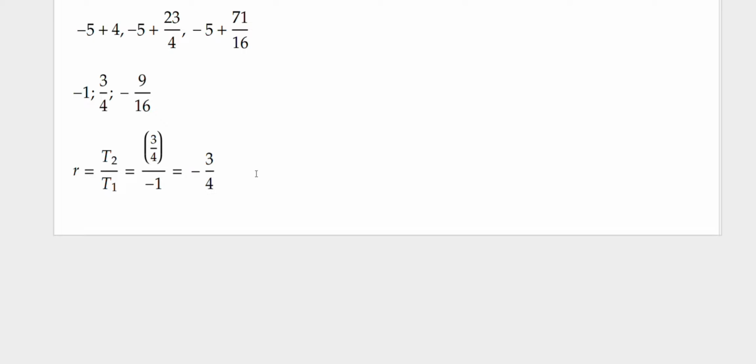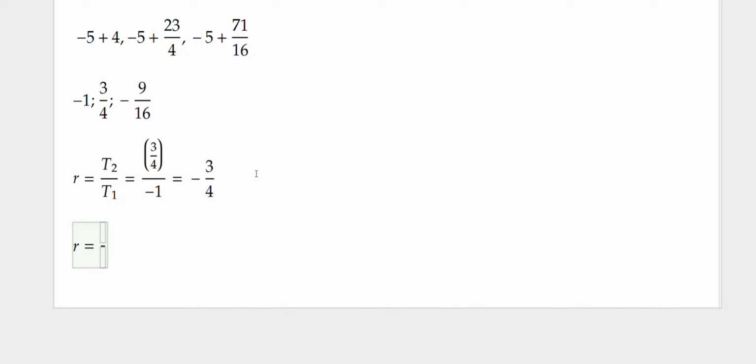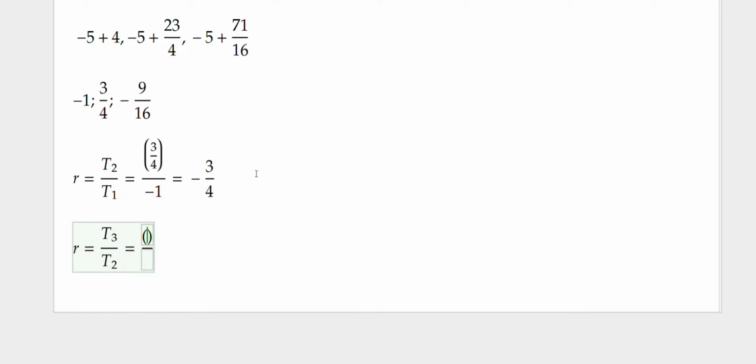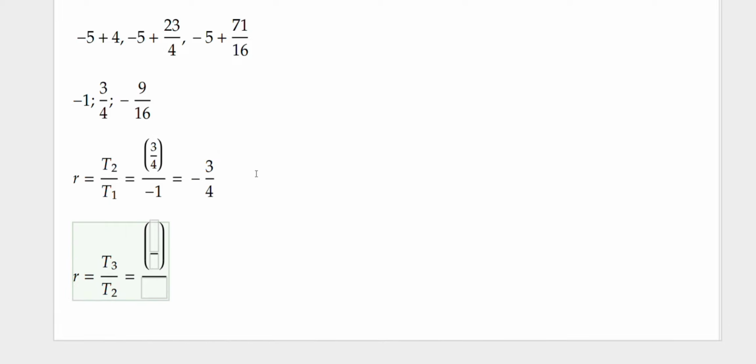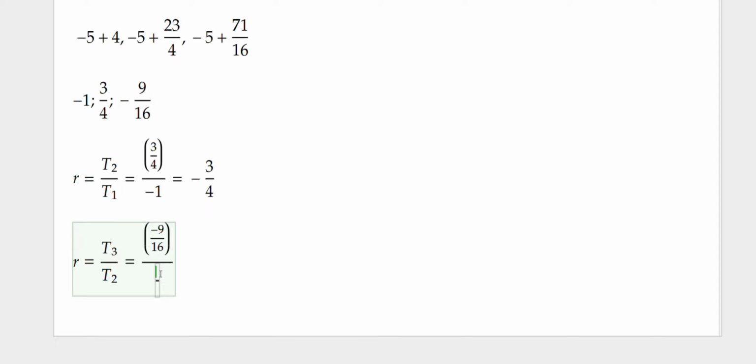And if you want to confirm your answer, you can do the same with T3 over T2. And then you substitute your values, which will be negative 9 over 16 divided by 3 over 4.